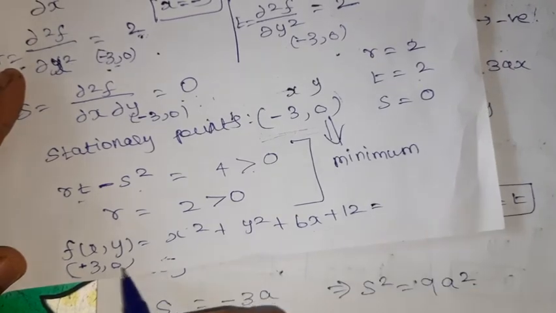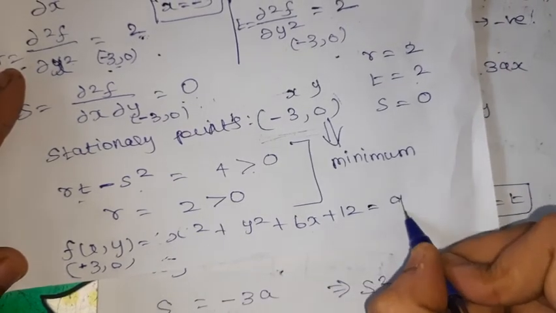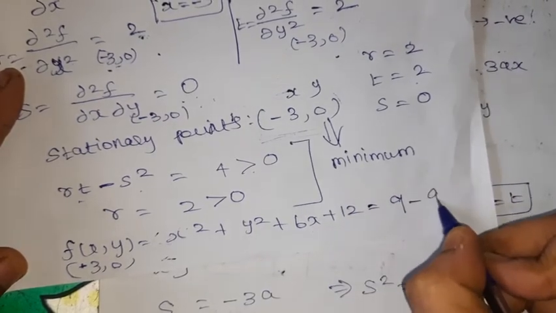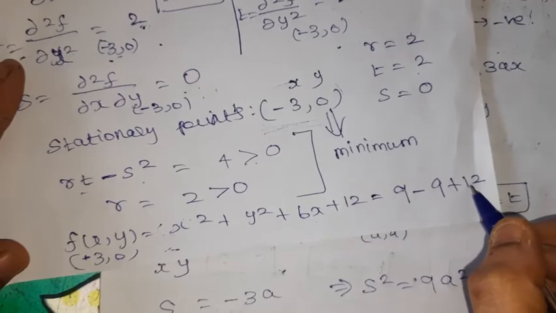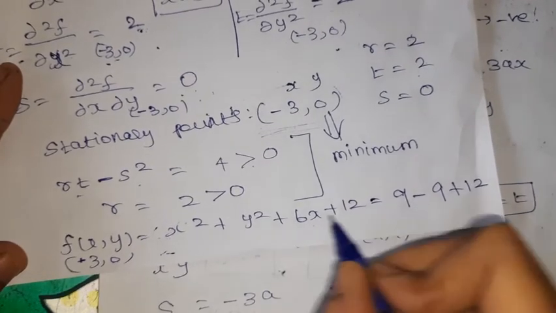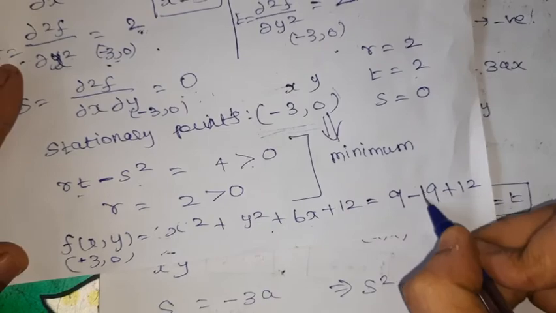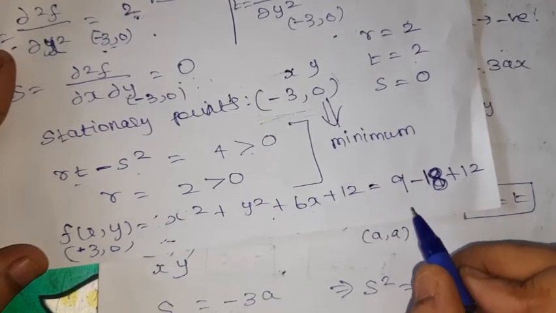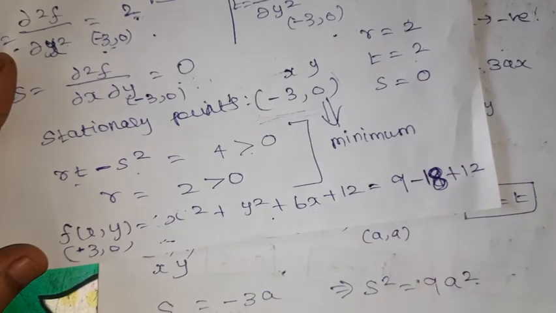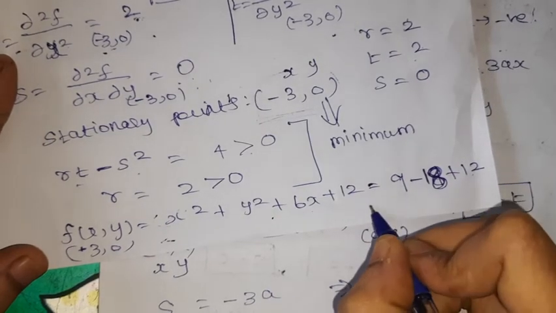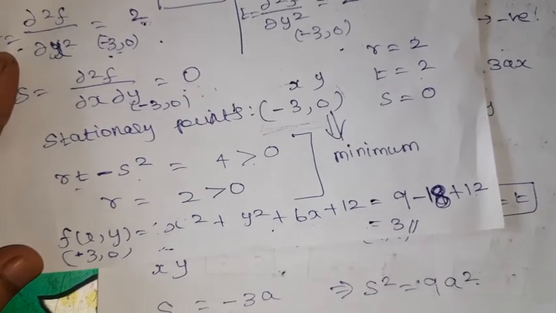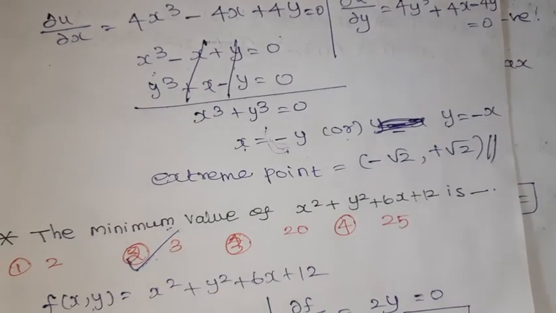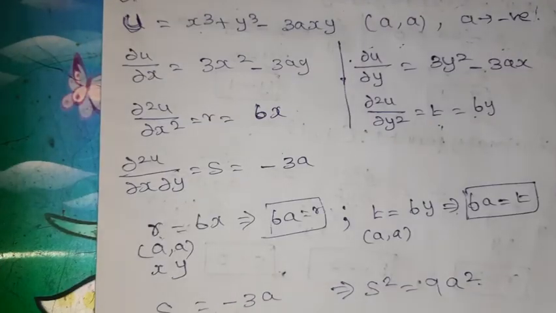Minus 3 the whole square is 9, y equal to 0 so that term won't come, 6 into minus 3 is minus 18, plus 12. We get 9 plus 12 is 21, minus 18, which is 3. So the minimum value is nothing but 3. Option 2, 3 is the right option. This is the method to solve the problem.